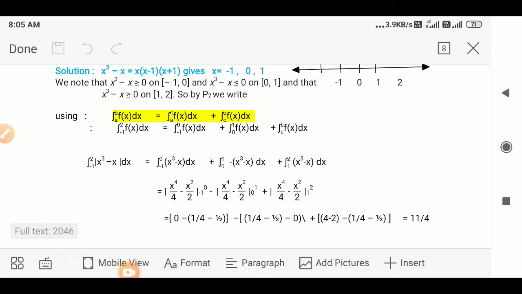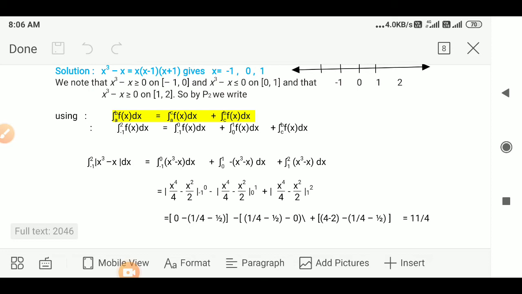And again x cube minus x will be positive if the values are taken from 1 to 2. If we take the values from 1 to 2, we get positive values.